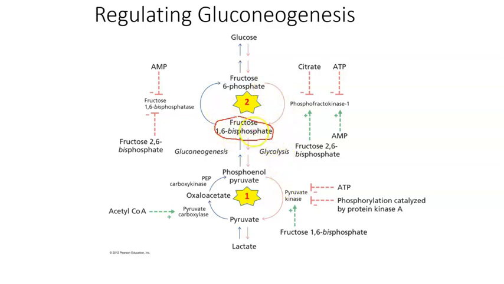So if we have a lot of this reactant here, that can activate this pathway. It acts as an activator of pyruvate kinase, so we can get rid of some of this reactant. So it's a good upstream activator of this pathway, so we can make more pyruvate.